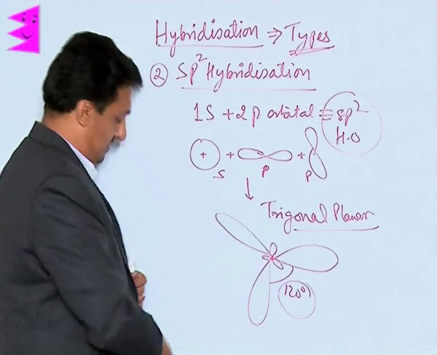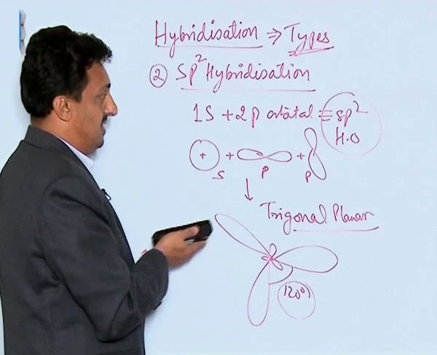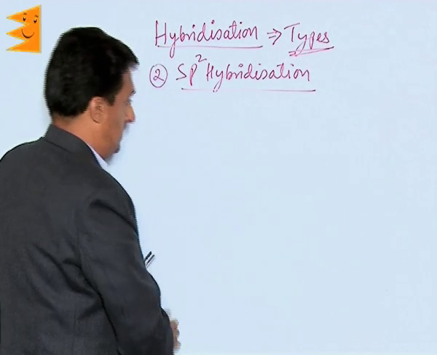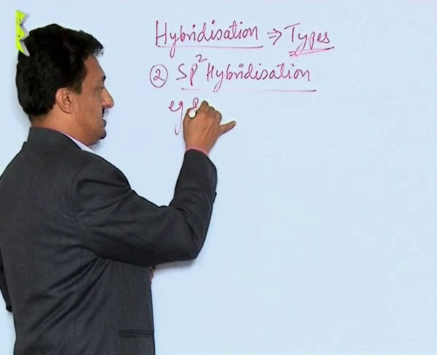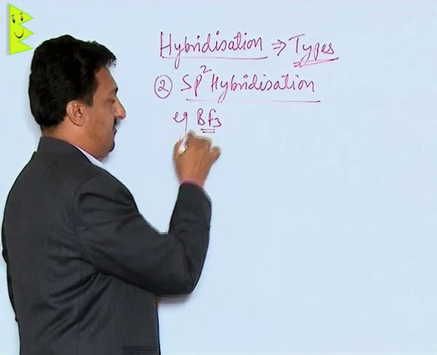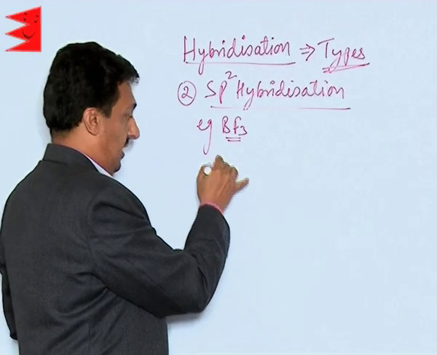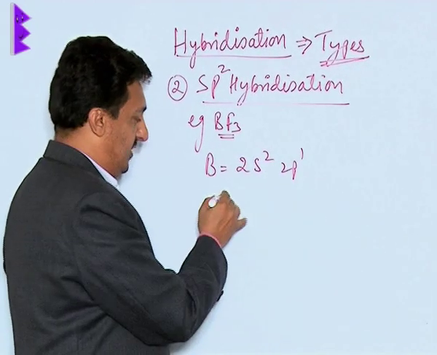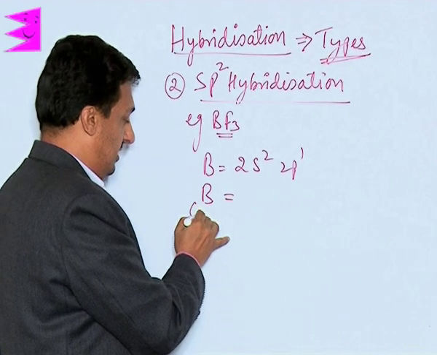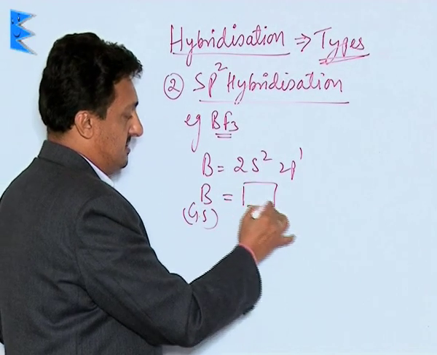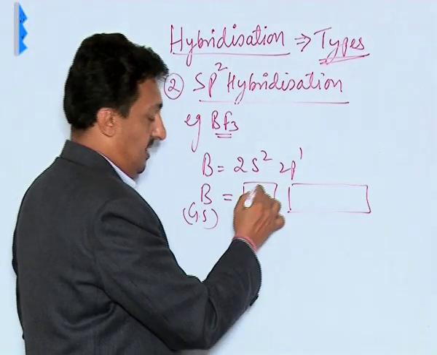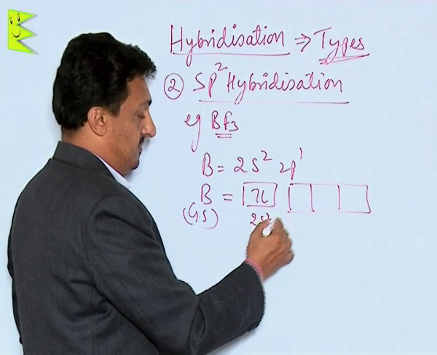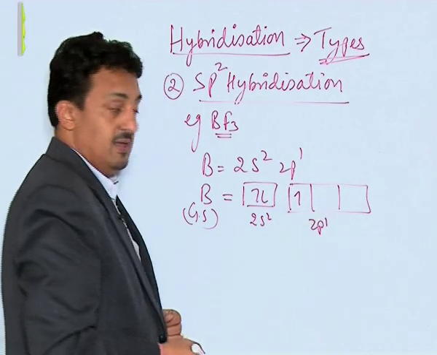Now let us see an example which shows sp2 hybridization. Let us take BF3, boron trifluoride. In boron, we know the valence electronic configuration is 2s2 2p1. In the ground state, there is one pair of electrons in the s orbital and one electron in the p orbital.